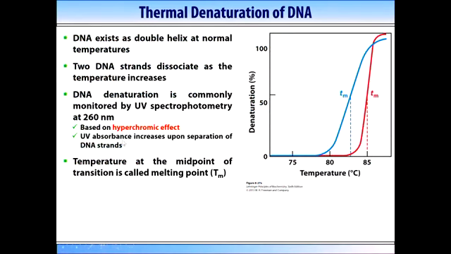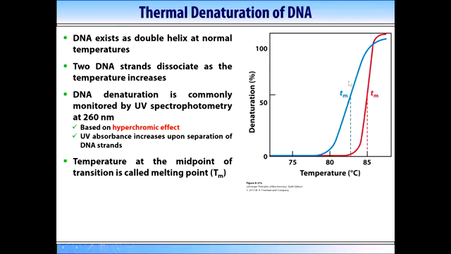If we look at some properties of the DNA during denaturation, we can find a parameter which is called the melting temperature. For example, the graph here: this is percent of denaturation, and here is the temperature.